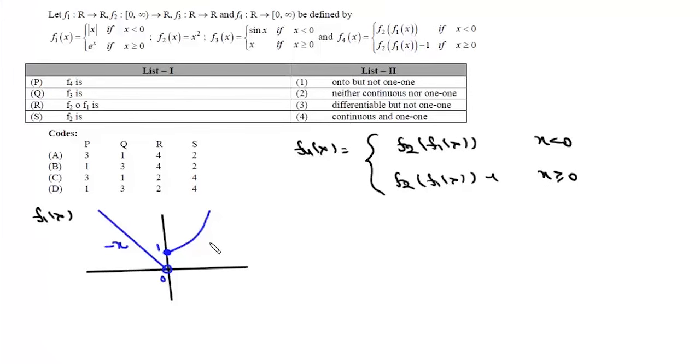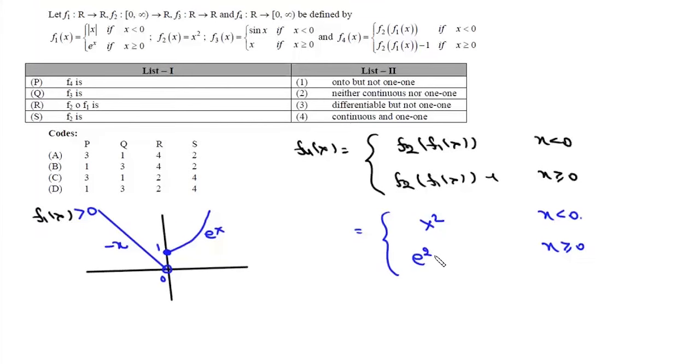Now if you look at f1(x), f1(x) is always greater than 0. So for this function, when x is less than 0, the definition is minus x and it will go to x square. So it'll be this x square, and when x is greater than or equal to 0, this definition is e to the power x, and again it will go to x square.